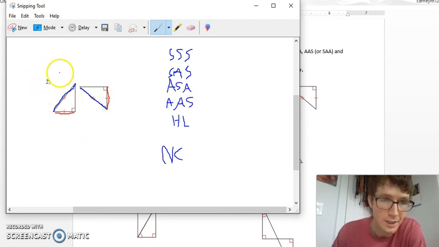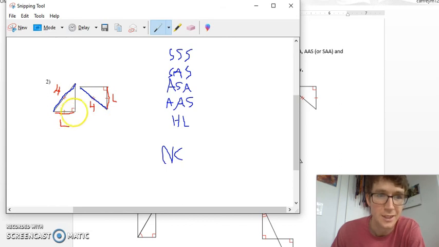Now, I think the key thing here is they gave us the hypotenuse. So I'm going to say this is H. And this is a leg. This is the hypotenuse. This is a leg. So hypotenuse matches hypotenuse, leg matches leg. That's all you need to get HL.